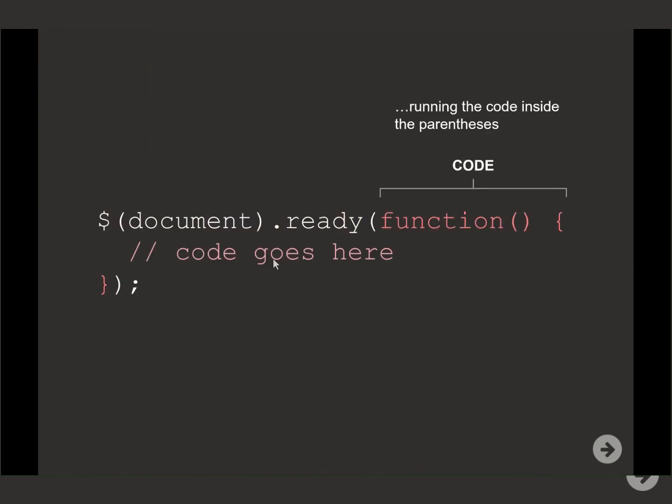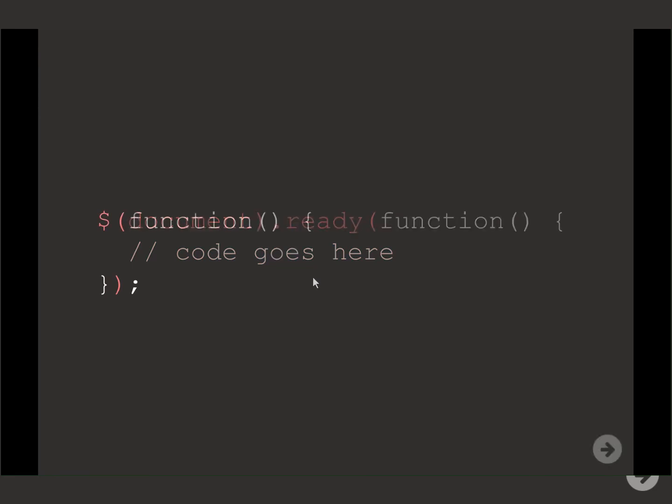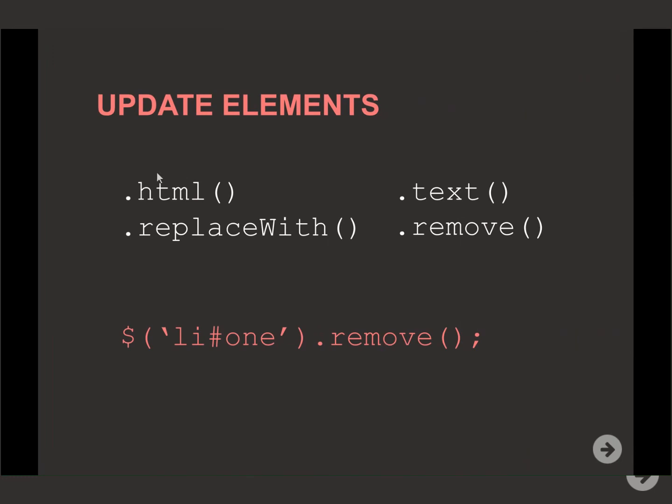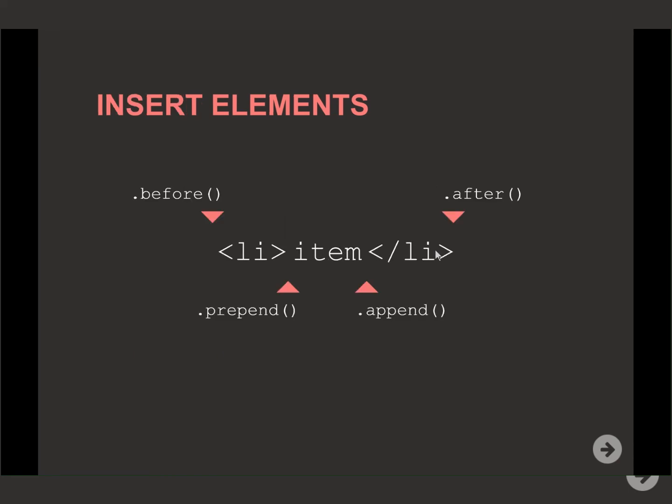So you can even ignore the ready, just make it like this. Skip the ready. Okay. And then update, use different things. You can use HTML, text, replaceWith or something. So one is already covered, and then just replaceWith or remove.